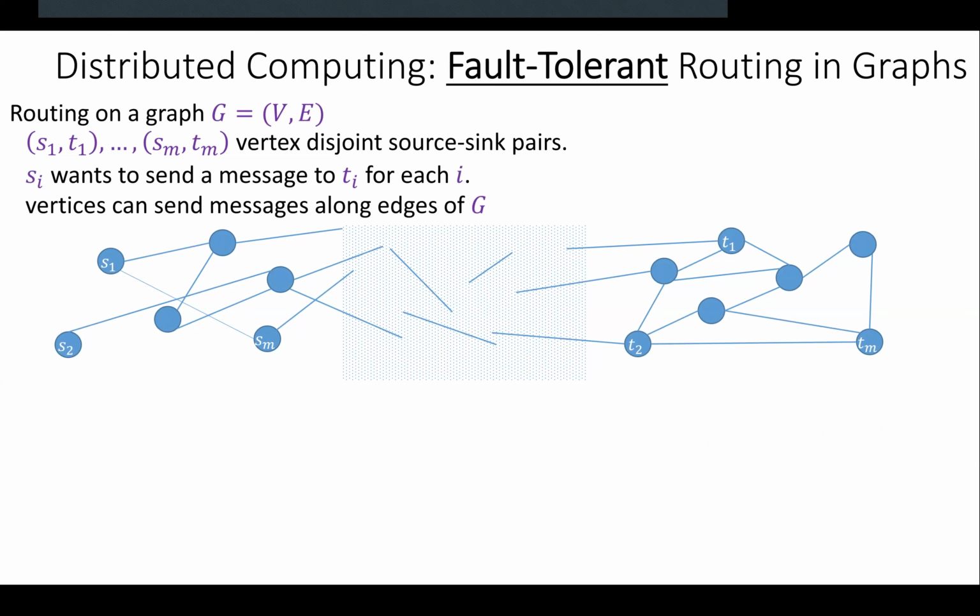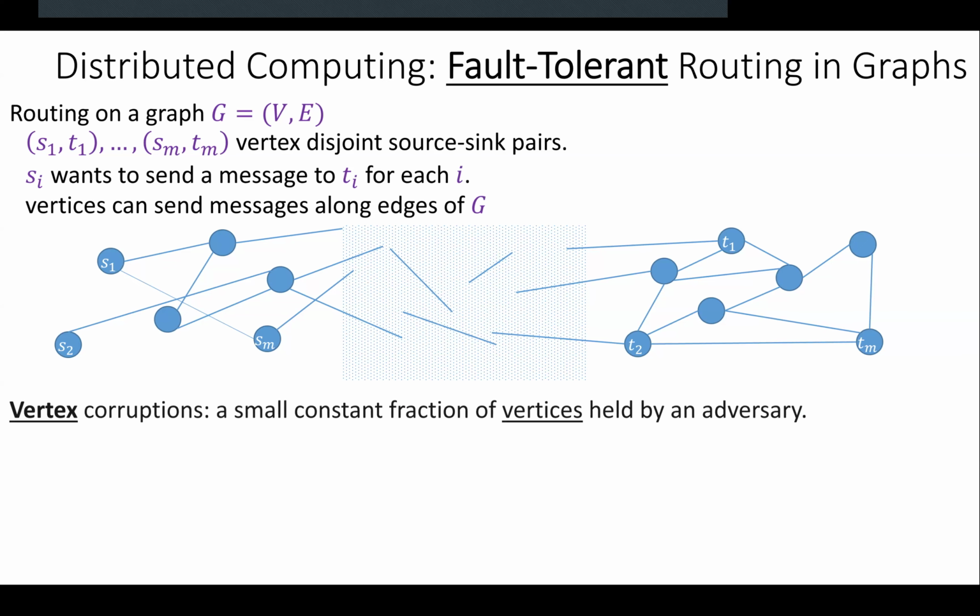We still have the same setup. We still have a graph, you still have the source-target pairs with their messages, and you can still only use the graph G. But now you have vertex corruption, which means that after the protocol is set up, an adversary is allowed to control a small fraction of the vertices.